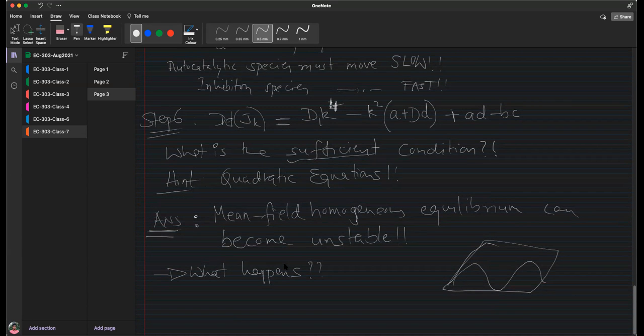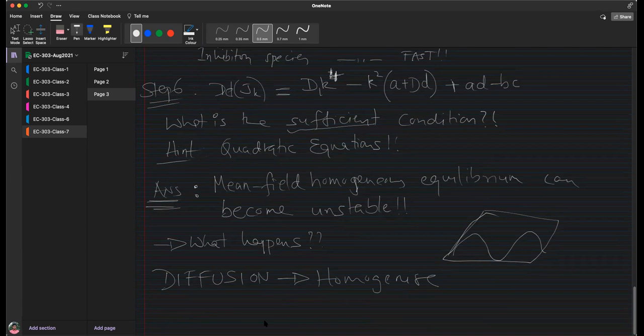What else can happen? Okay, so why is this somewhat counterintuitive is the following. Diffusion is expected to homogenize, right? But the fact that diffusion can actually maintain heterogeneity is a huge surprise, isn't it?